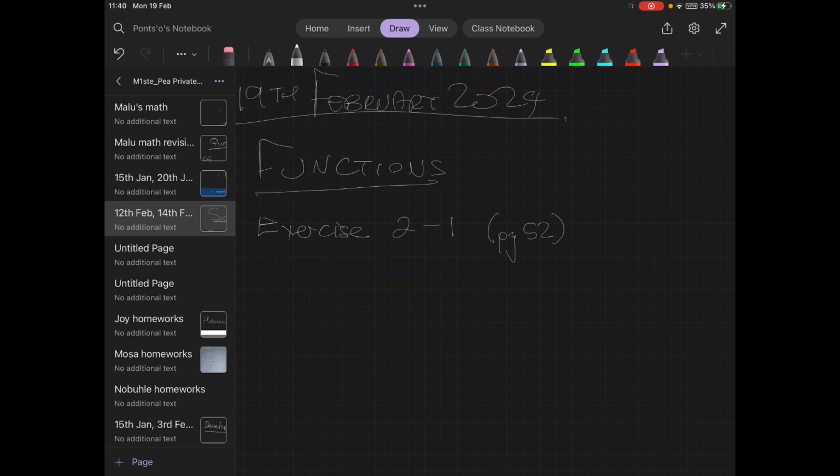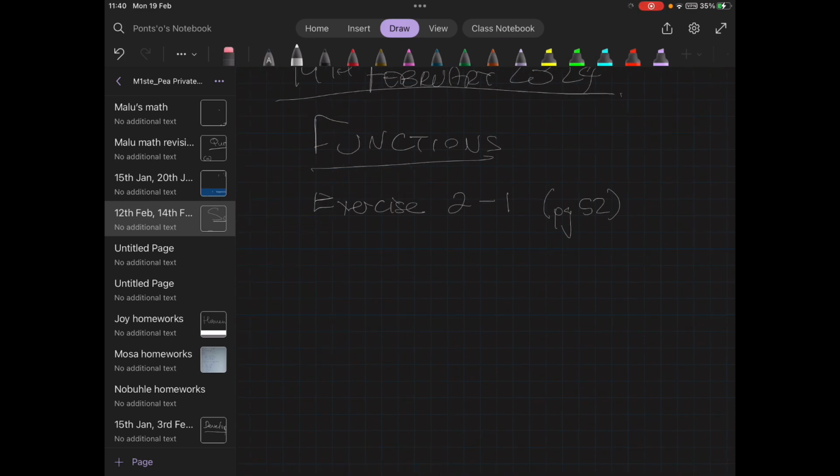So problem number 1A is f of x equals 3x squared and g of x equals negative x squared.